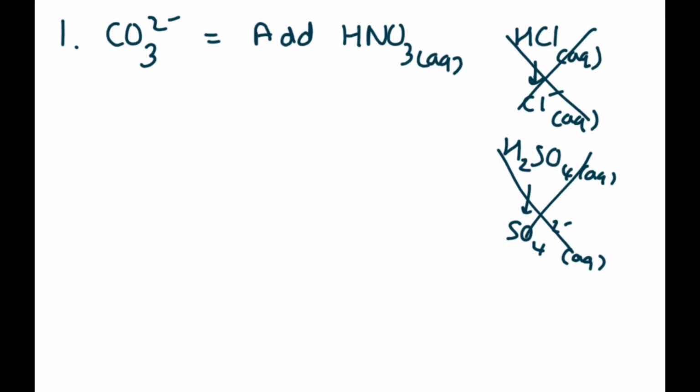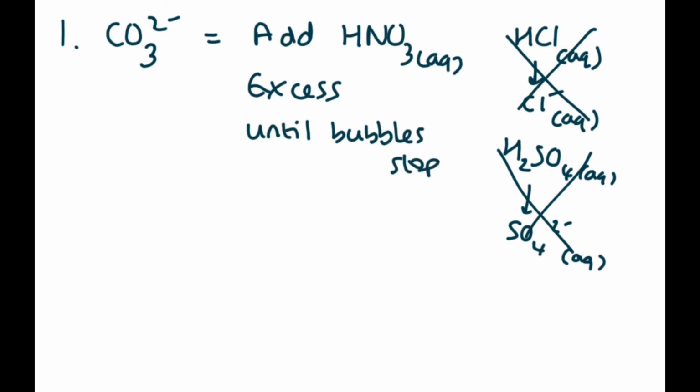So your first thing you do is you add silver nitrate, and you add nitric acid. You add excess nitric acid until the bubbles stop, the fizzing stops. You want to remove all the carbonate from the mixture.